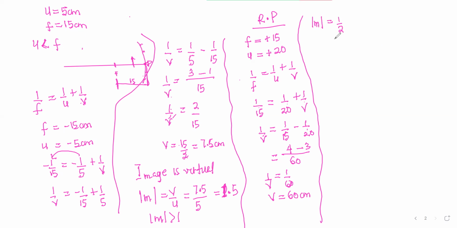Then we are also told that the image is inverted. The object's distance is equal to 30 centimeters. My question to you is, what kind of mirror is being talked about here?